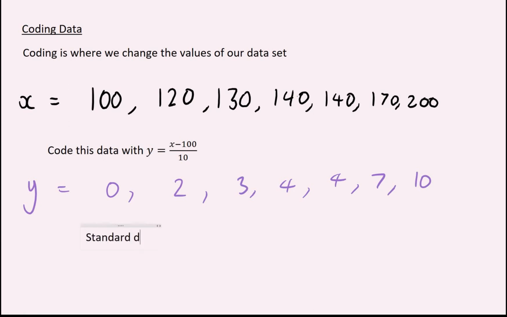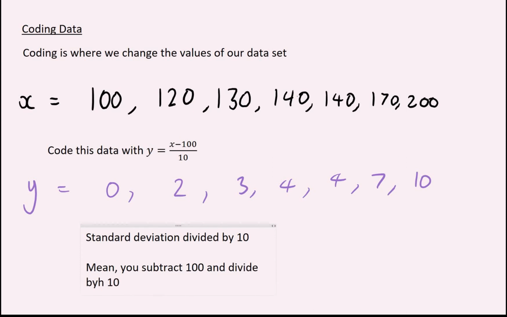The standard deviation doesn't care that we've subtracted 100, but it does care we've divided by 10. So my standard deviation will be divided by 10. The mean, remember, has been affected by both those things. So for the mean, you'd subtract 100 and then divide by 10. So you basically do the same patterns of what you've done to these numbers as well.